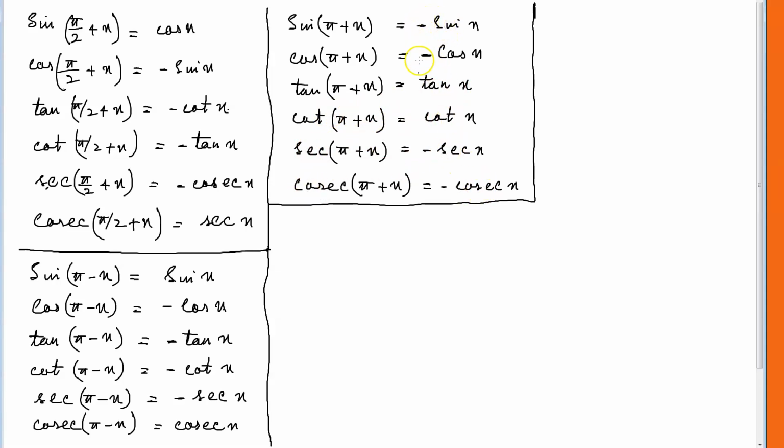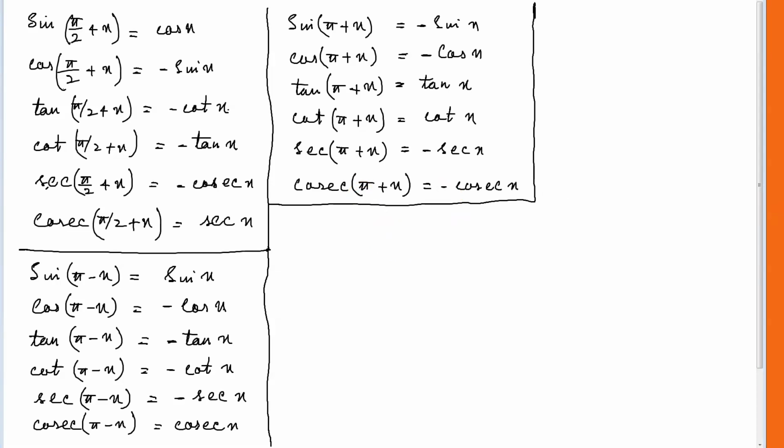And in all of these, basically, and this is pi plus x, you will get a negative sign on the right hand side, except for the case of tan and cot, which are the inverses of one another. Except in the case of tan and cot, all the other trigonometric ratios are negative, right?